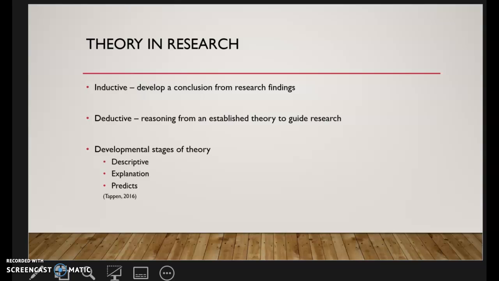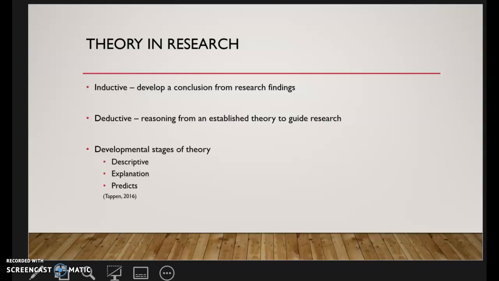And most often what is used is theory to guide research, to provide that structure to one's research and to provide that guidance or framework, so to speak, for the inclusion of a project or research. So with that being said, there are developmental stages of theory.